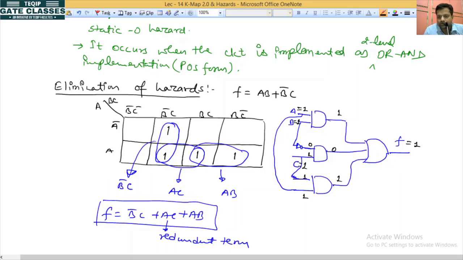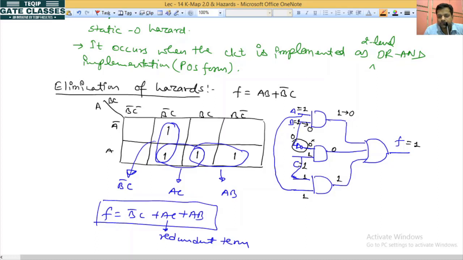We know that. Now I told you that this gate has some delay, and we are changing B into 0, so it will change this into 0, but due to the delay of this gate, the value which is here, 0, is not updated. In that case the output of this is 0, and the output for the redundant term is 1 because C is 1 and A is 1.